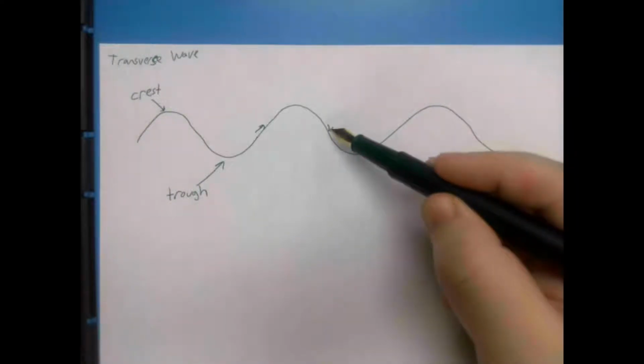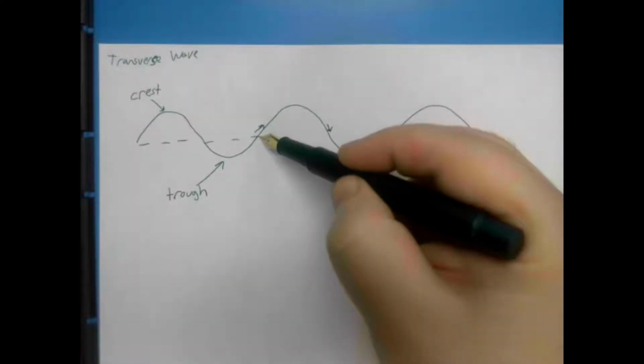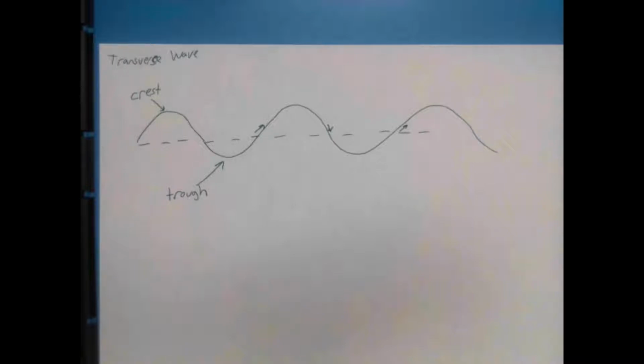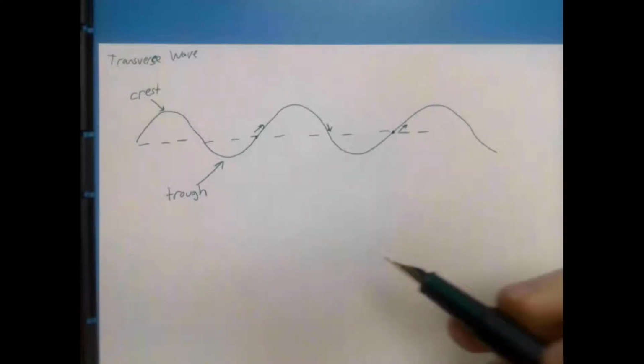And it's coming back up. If we were to draw an imaginary midline through that point, we see that this point and this point would be a wavelength.